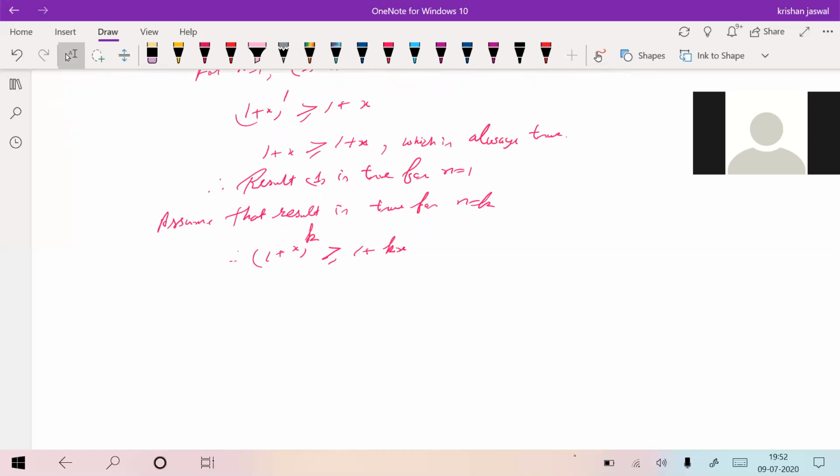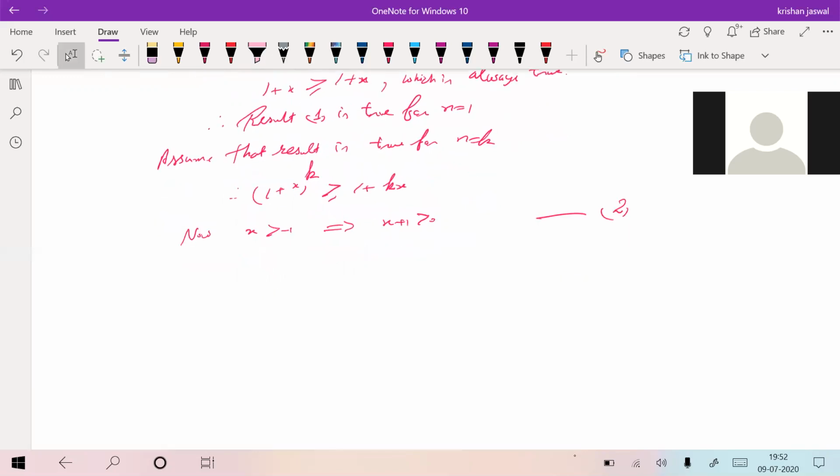Now one condition is given here: x is greater than minus 1, which implies x plus 1 is greater than 0. This condition is given in the statement, and we will use it in the further process.